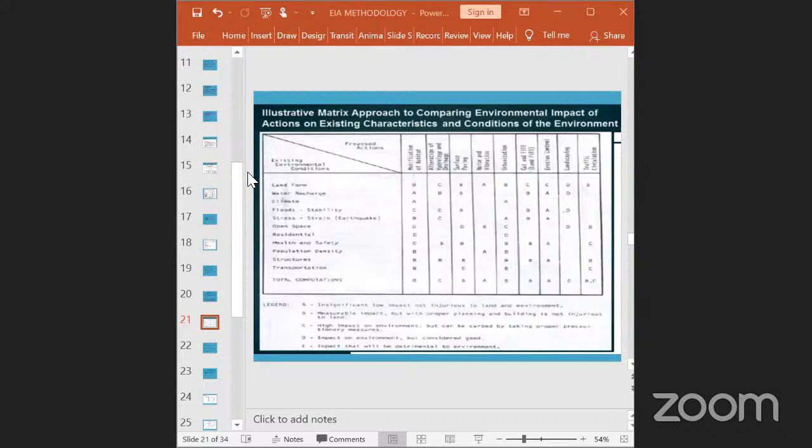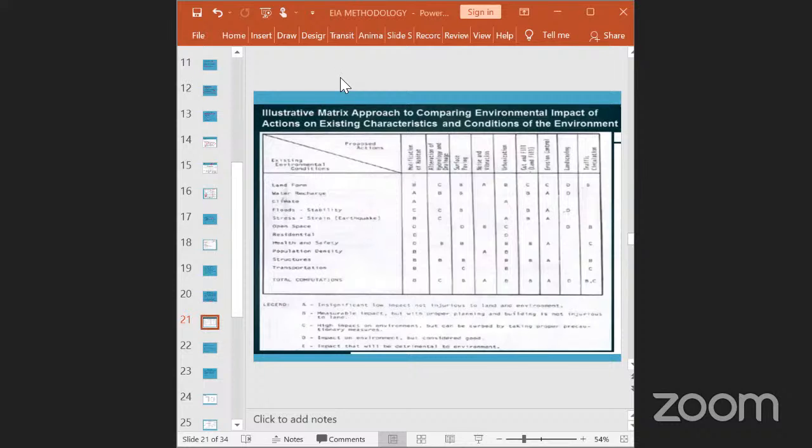So you see, this table is representing the matrix approach to comparing environmental impacts of actions on existing characteristics and conditions of the environment, right?